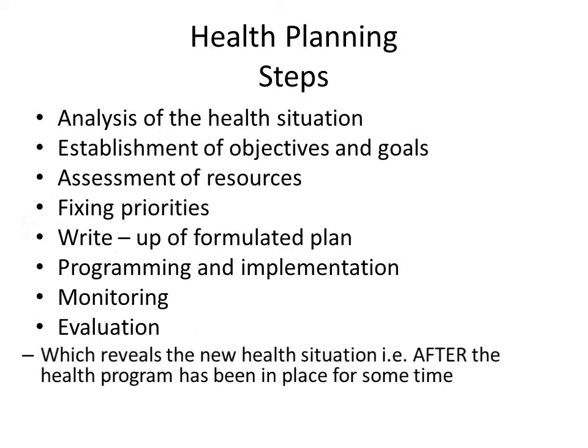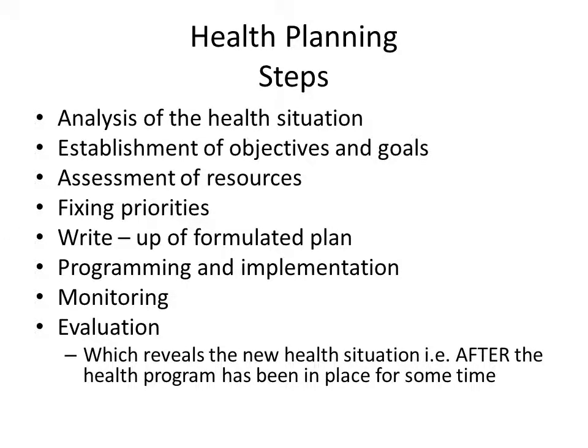Evaluation reveals the new health situation, that is the situation that has become after the program has been in place for some time. And the new situation will lead to new objectives and new assessment of resources, and hence the planning cycle continues.